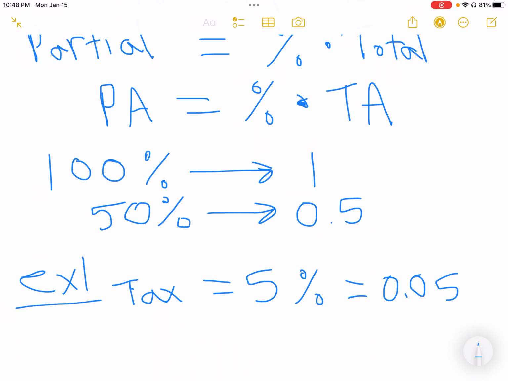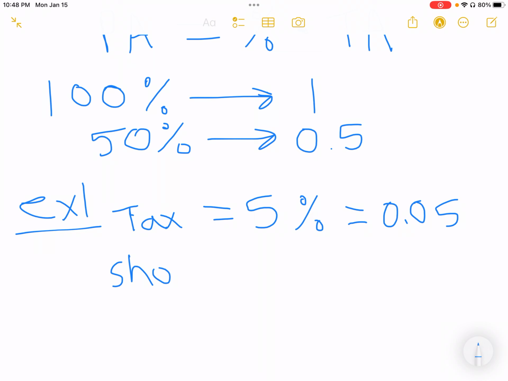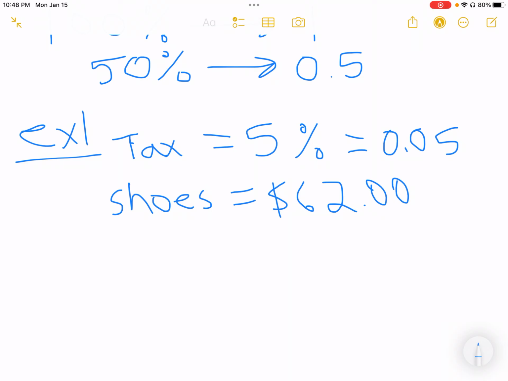It says Joey bought a pair of basketball shoes advertised for $62. So we say shoes equal 62. And then, how much sales tax do you pay? We're assuming that Joey bought them. It didn't say that, but how much sales tax do you pay?